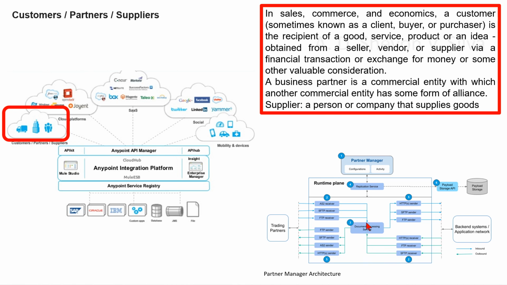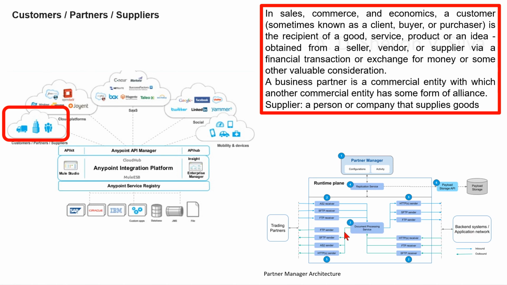outbound. And here, 5, the document processing service is connected to the HTTPS sender, SFTP sender, and FTP sender as outbound, and the HTTPS sender, SFTP sender, and FTP sender are connected to the backend system or application network as outbound.